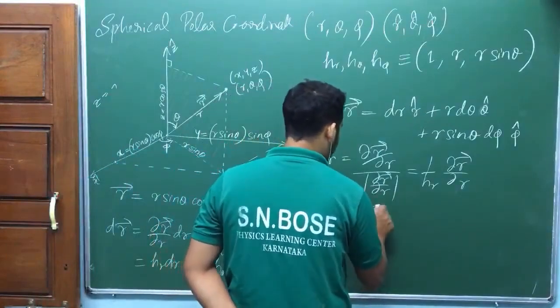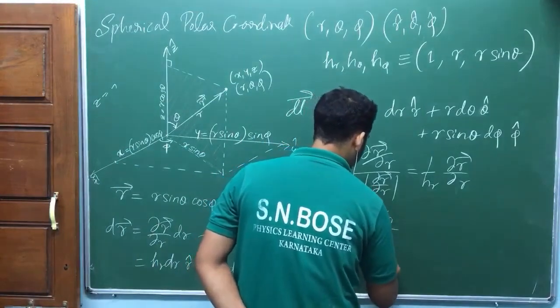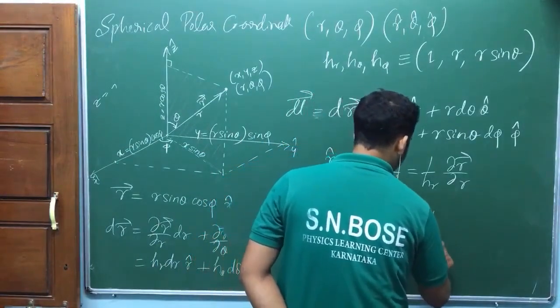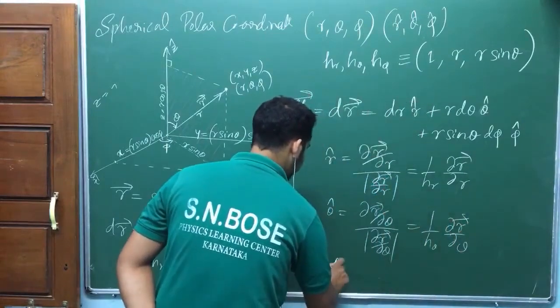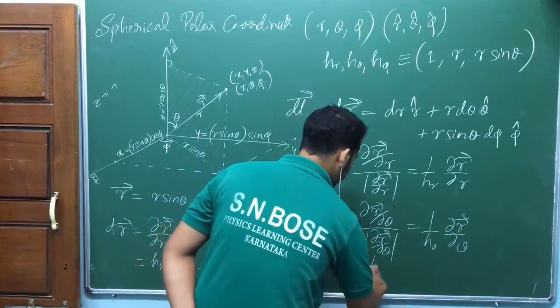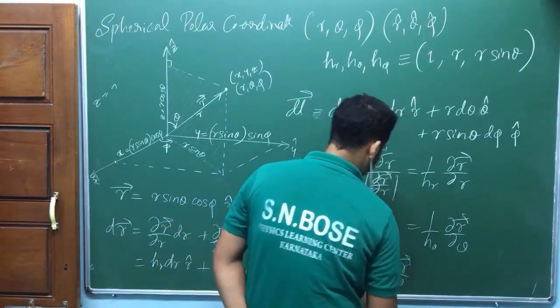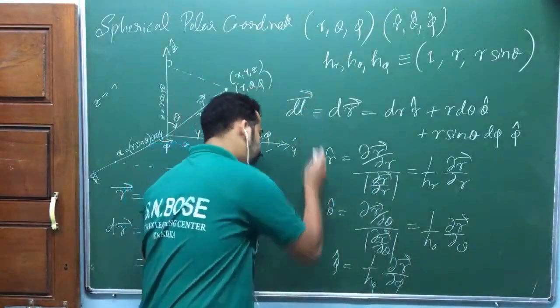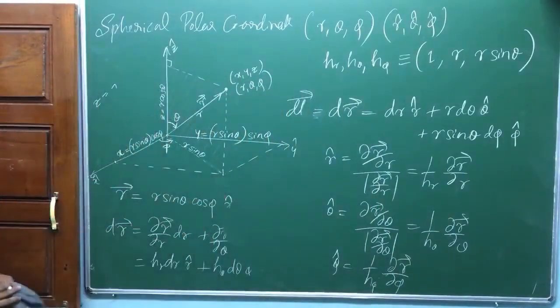Theta cap is dou r by dou theta divided by the mod of dou r by dou theta, which is equal to 1 by h_theta dou r by dou theta. Similarly, phi cap is equal to 1 by h_phi dou r by dou phi. Thereby, write the new unit vectors in terms of the old unit vectors using these expressions.